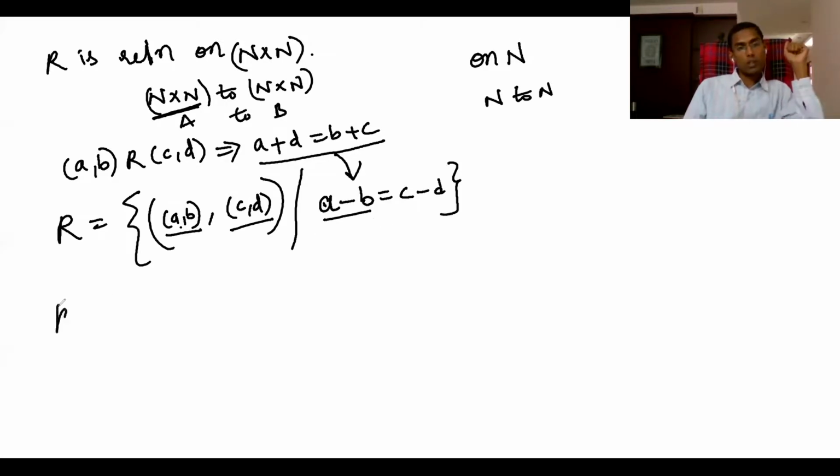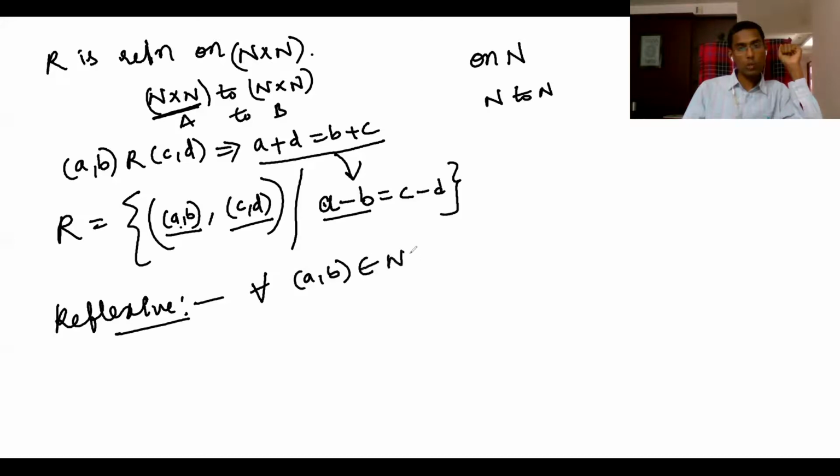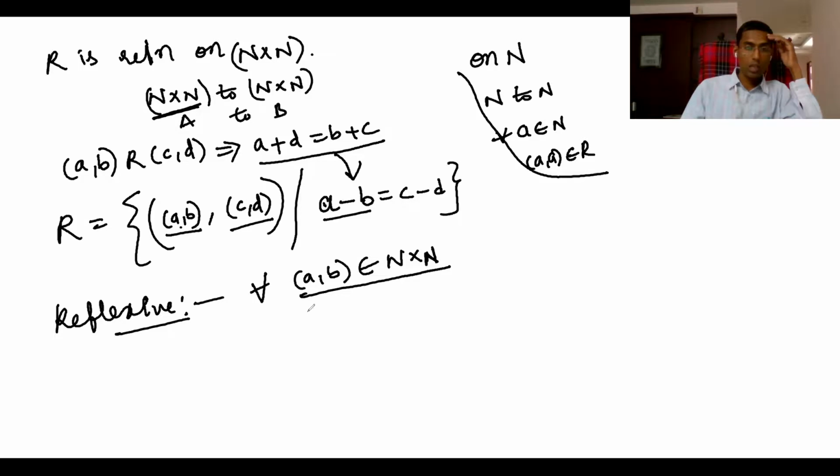First, reflexive. How do you check reflexive? Previously we took, for every A belongs to N, (A, A) should belong to R. Now, for every (A, B) belongs to N cross N, because the set is now N cross N, (A, B) should be related to (A, B).